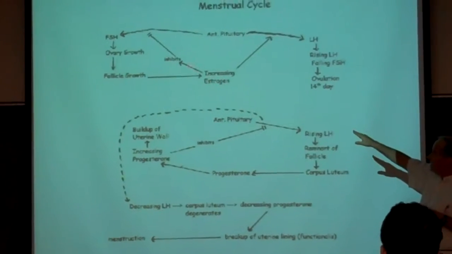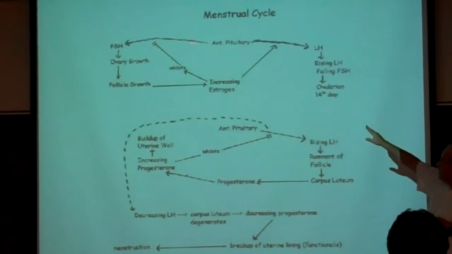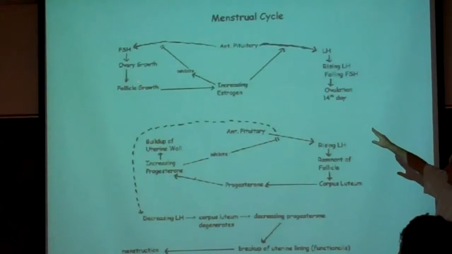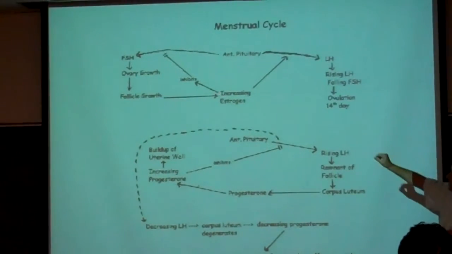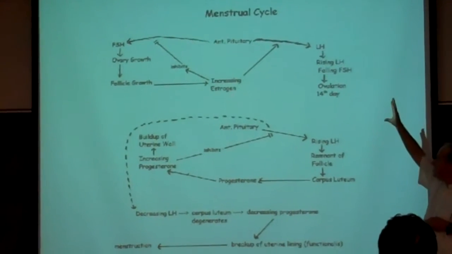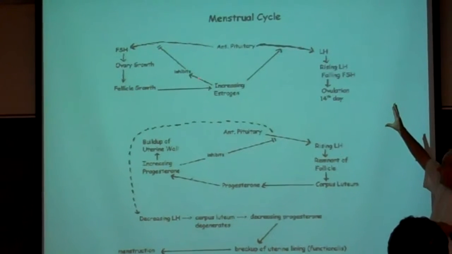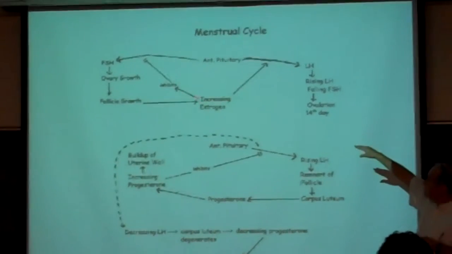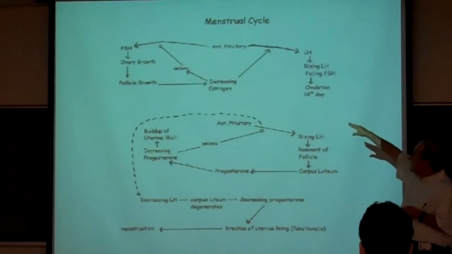Follicle stimulation, look at this now. Anterior pituitary produces FSH, target organ is the ovary. As the follicle grows, it produces estrogens. Estrogens increase to a level, though, and they inhibit this.